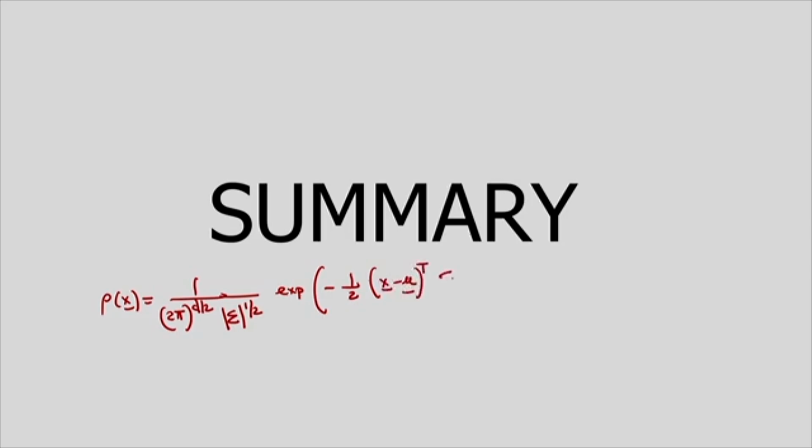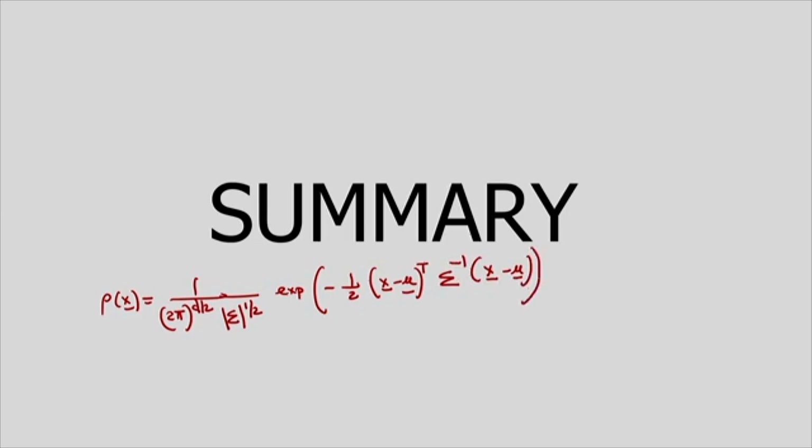In summary, the multivariate density, as you already know, is 1 by (2π)^(d/2), determinant of the covariance matrix to the power half, exponential minus 1 by 2 (x minus mu) transpose sigma inverse (x minus mu).